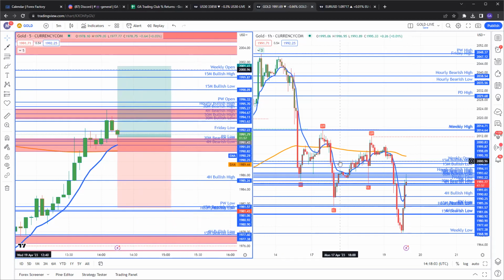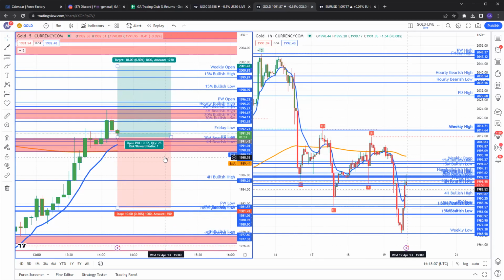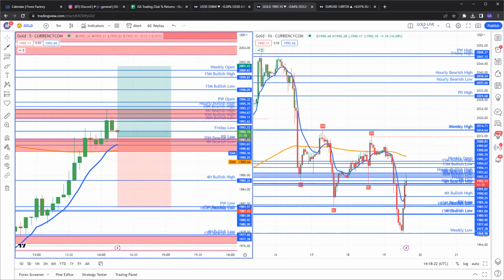Use a 100 pip stop loss, 100 pip TP. Personally, I went with a higher risk, but used a smaller TP and stop loss. So for me, I used a 30 pip TP and 30 pip stop loss, and I am risking about 1.5%.